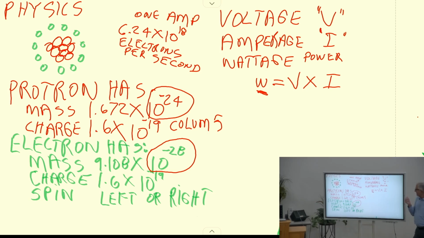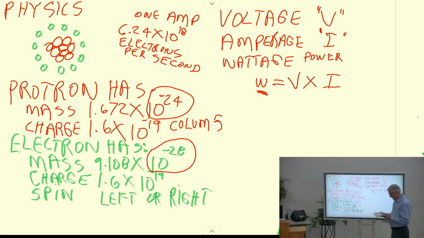Each electron has a little bit of energy, and that little bit of energy times the current is power. That's how much power is being moved in the system, or energy. You good with that? Okay.